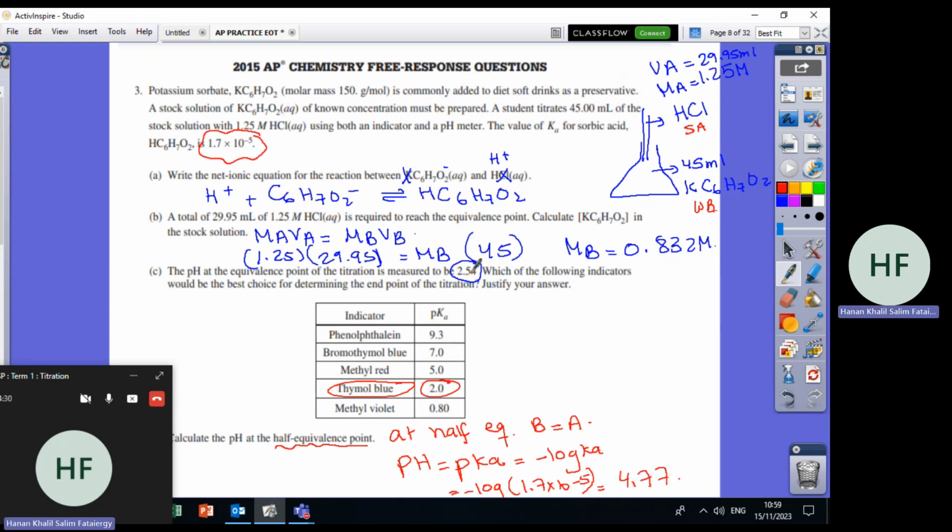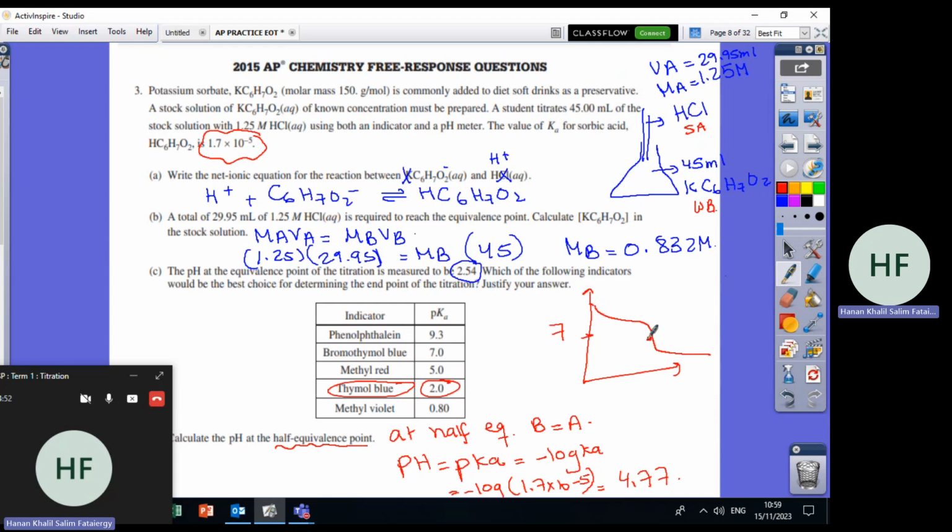Okay, the equivalence point will be at 2.54 and the half equivalence point will be at 4.77. Okay, this titration curve will look like this. Of course, since what is below is a base, I will be starting from a point above 7. Since it is weak, it will have a jump, it will not be flat. Then I will have like this and then like this.